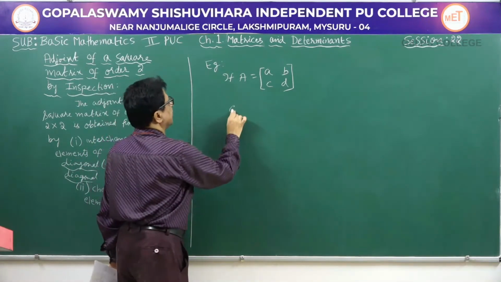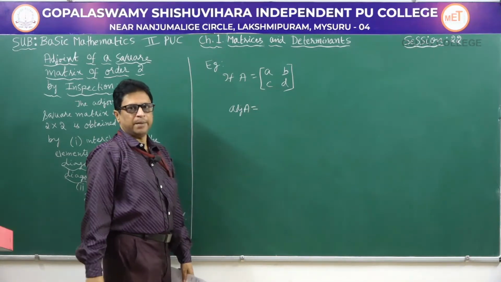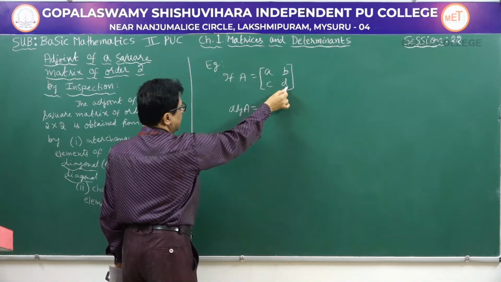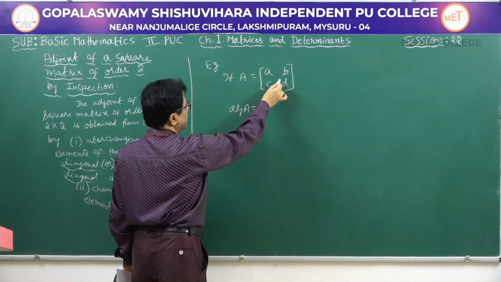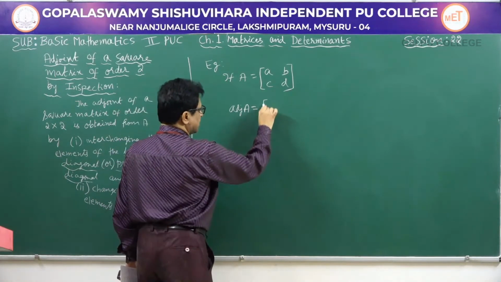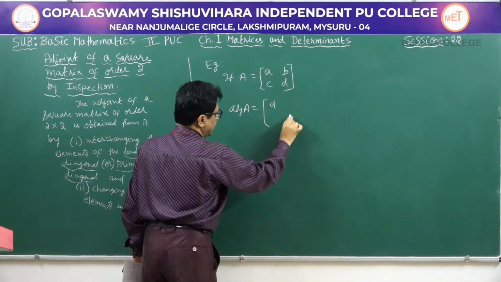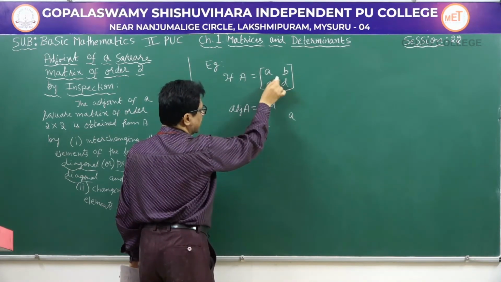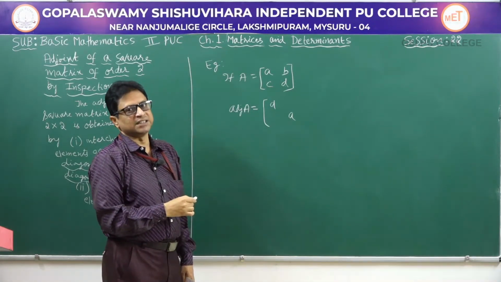The adjoint of A can be directly found by inspection. That is, interchanging the principal diagonal elements. Instead of A, I will write D. Instead of D, we can write A. That means we have interchanged the principal diagonal elements and change the sign in the other diagonal.